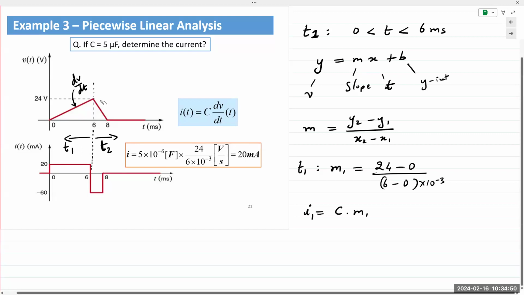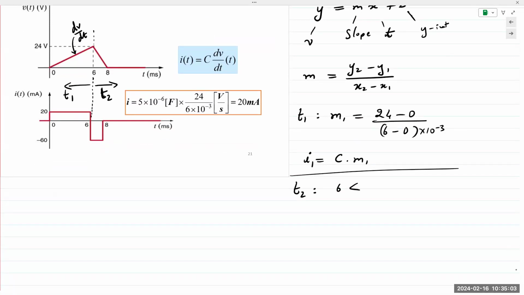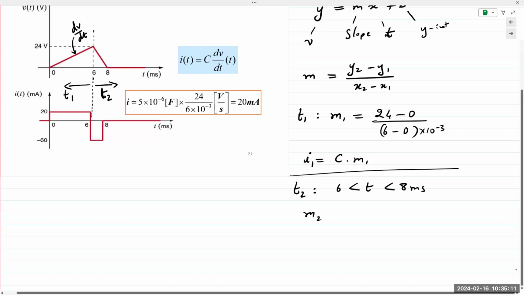Similarly, if we plot it for the second portion, our T2 is between the time period 6 to 8, so 6 to 8 milliseconds. My slope M2 is now going from 24 to 0.